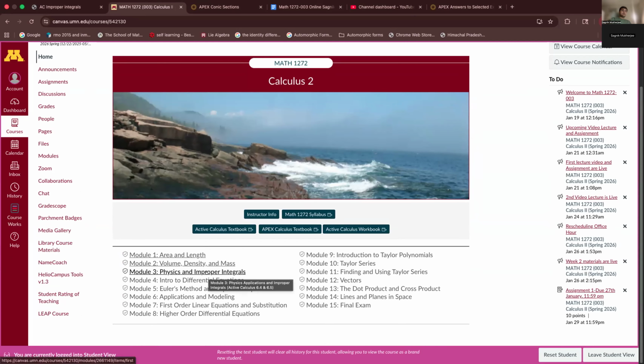Also, let me say a few words about the active calculus textbook because many of you have raised some questions and concerns about it. If you look at the active calculus textbook, it has 3 components. Number 1, in-text examples.